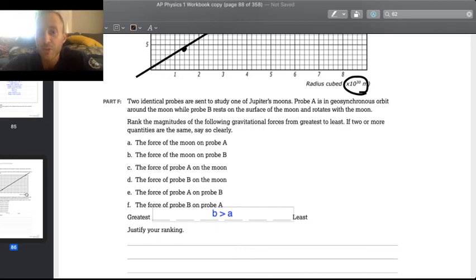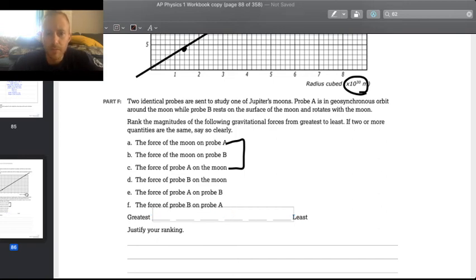That's closer to the moon, so the gravitational force is stronger the closer the two things are. The force of probe A on the moon, that is the reaction force to this. Those are action and reaction pairs. The force of the moon on the probe, the force of the probe on the moon. So C has to be equal.